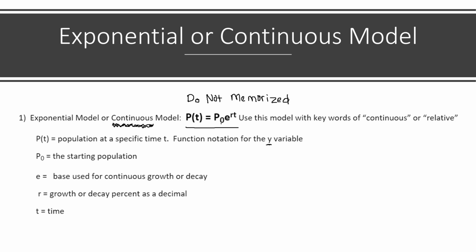The P with the subscript 0 is also the population, but it's when time is 0, so it is considered the starting population. E is that base, that irrational number that is used for both continuous growth and decay. r is the growth or decay percent as a decimal, and so that carries over from this past week where r was the percent as a decimal. And again, t is time.